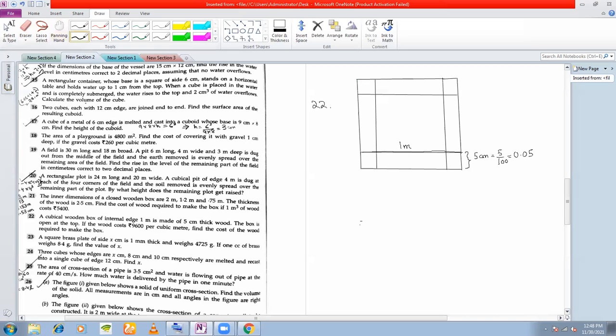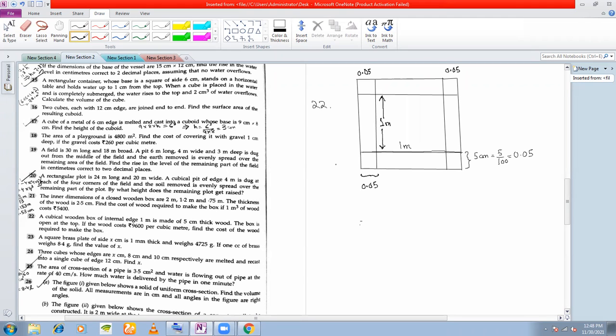All this thickness is 0.05. And the internal length, how much is this given? The internal edge is given to be 1 meter.